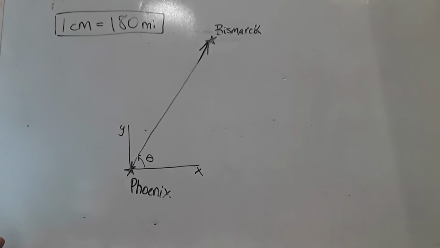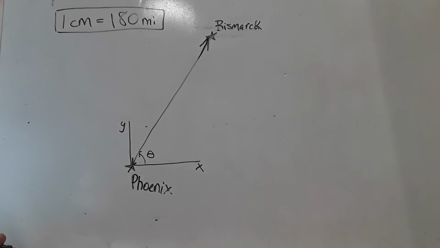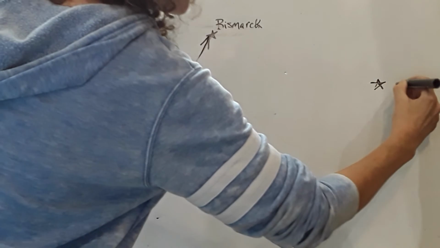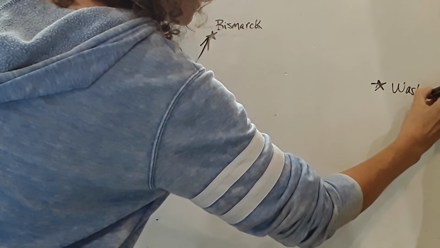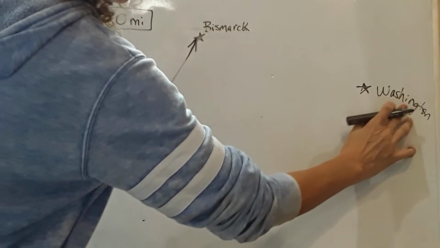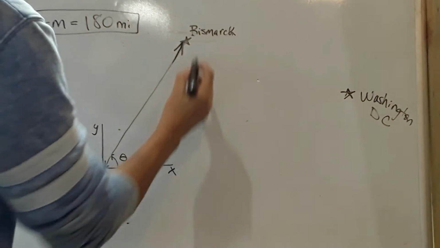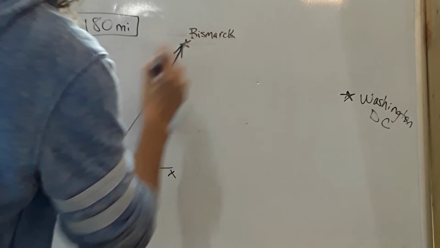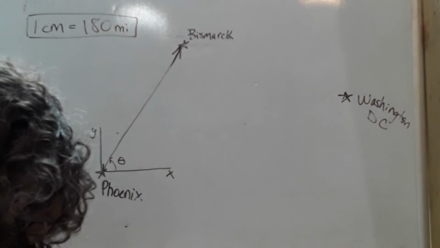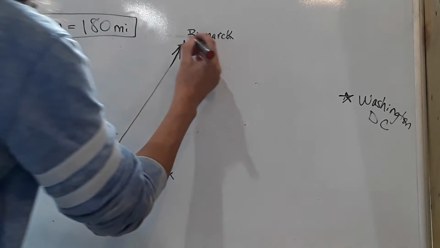Now you're going to draw another arrow from Bismarck to Washington, D.C. So now draw another arrow, and I'll do this in a different color. You're going to draw another line.